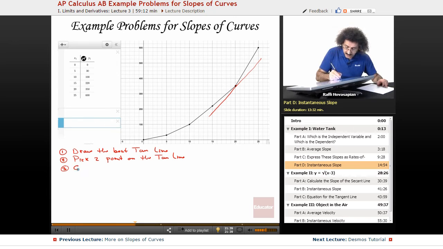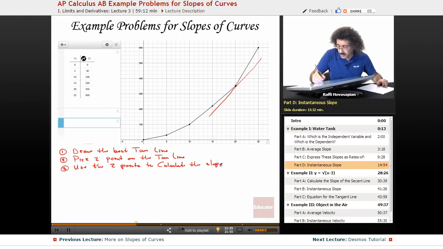Third, you're going to use the 2 points to calculate the slope.